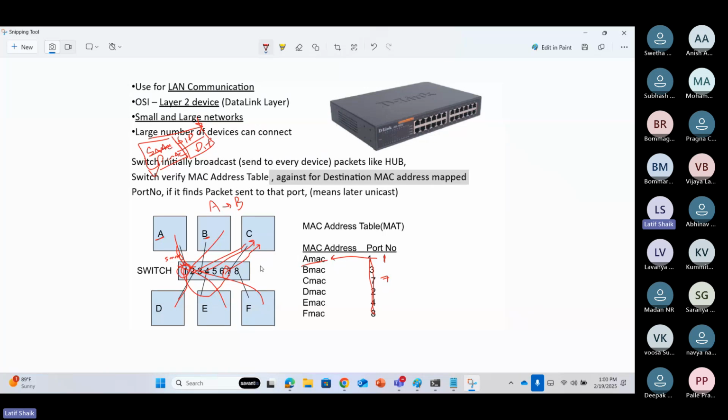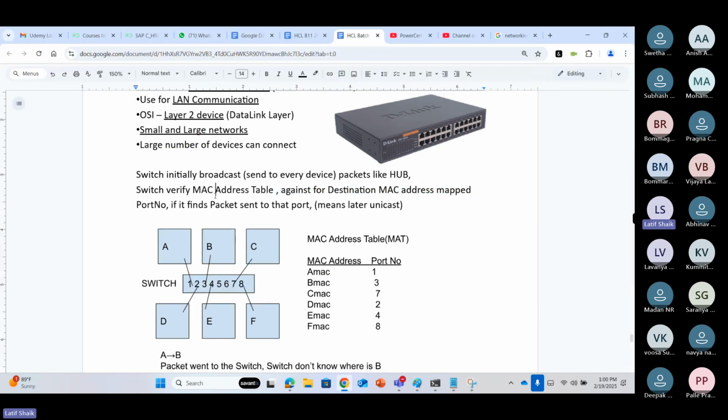If in case the destination MAC address and its port are not available in the MAC address table, the switch broadcasts the packet, meaning it sends to everyone. This is how it works. The switch verifies the MAC address table for the destination MAC address mapped to a port number of the switch.